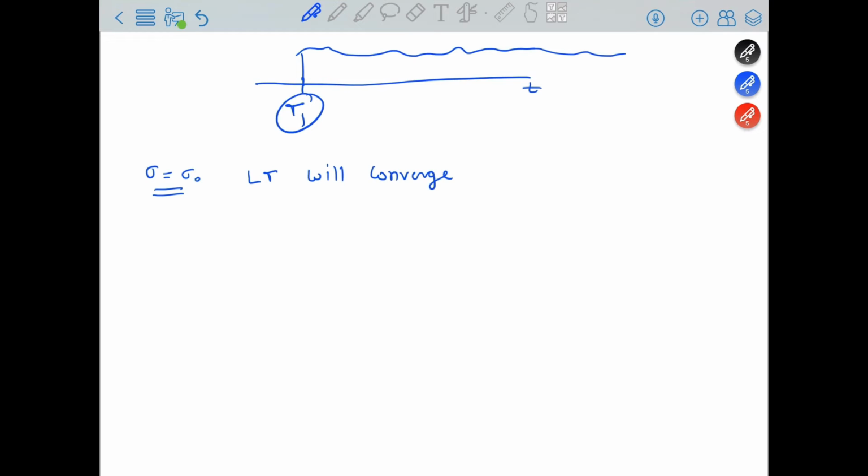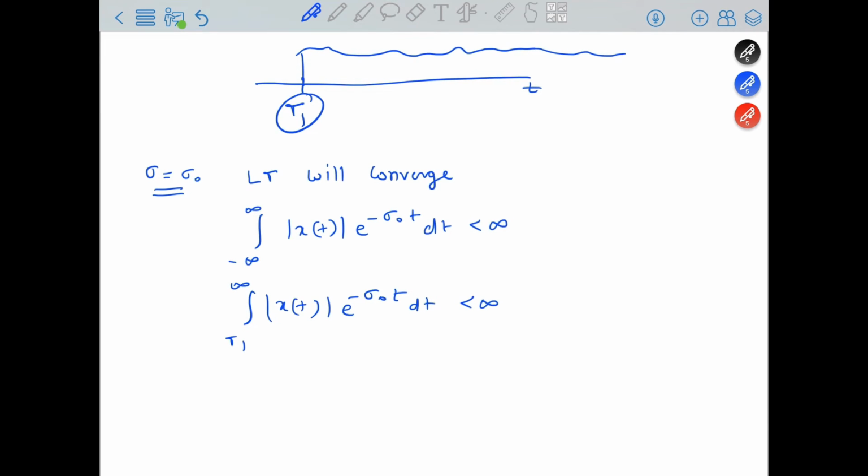This is already defined. So from the expression, what we can say is that the integral from minus infinity to infinity of mod of x(t) e raised to the power minus sigma naught t dt is less than infinite, because it is defined at sigma equals to sigma naught. Now because it's right sided, what can we write? We can write it as the integral from t1 to infinite of x(t) e raised to the power minus sigma naught t dt should be less than infinite.